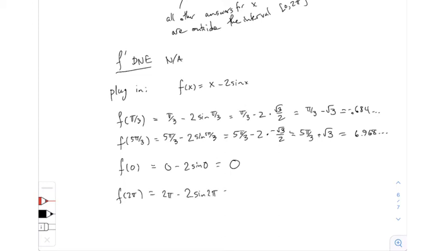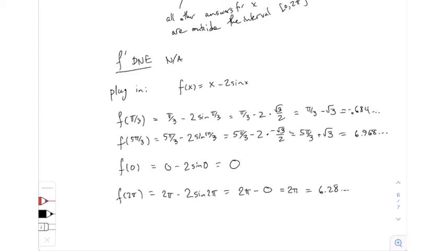Anybody remember sine of 2 pi? Also 0. Yes, you're still giving me the hand signals. So this will be 2 pi in the first part minus 0. So 2 pi. And for the purposes of comparing with the others, I happen to know 2 pi is something like 6.28. 3.14 is pi times 2. All right?